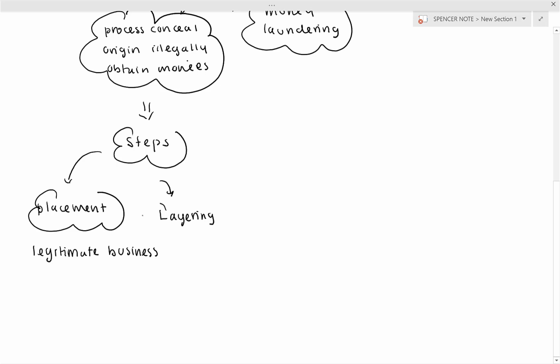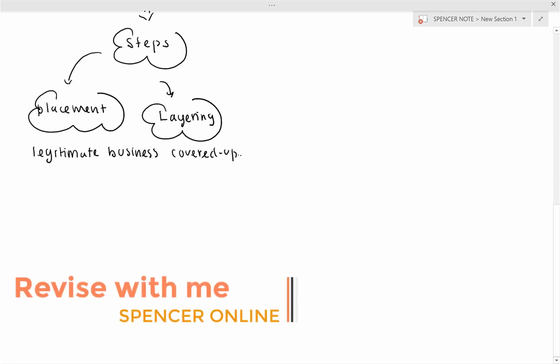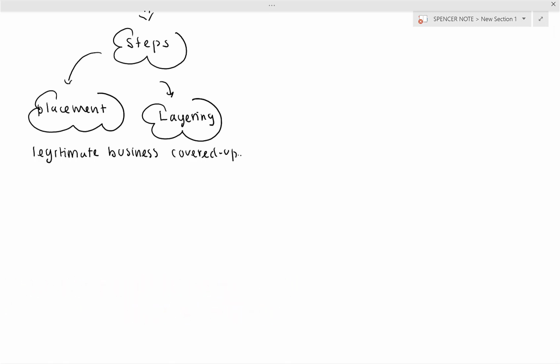Under layering, what they are basically trying to do is cover up the trail of this illegally obtained money, so that we will not be able to identify the origin of the money. This is done by going through a series of transactions so that the origin of the money is disguised.